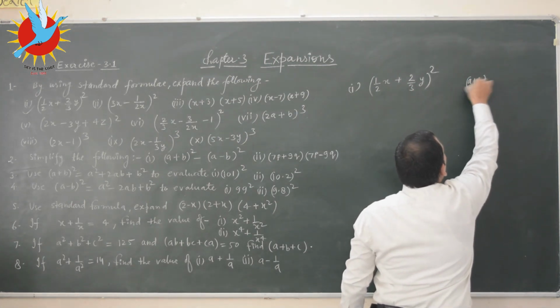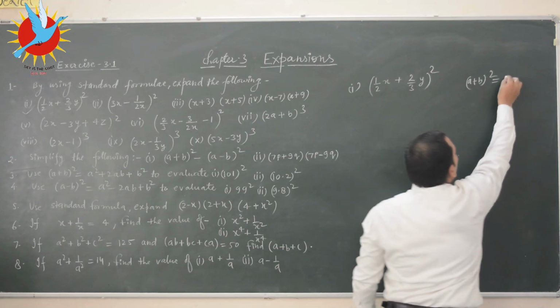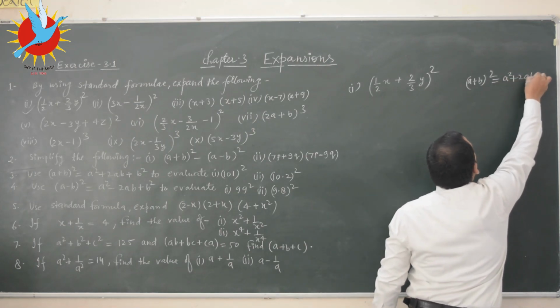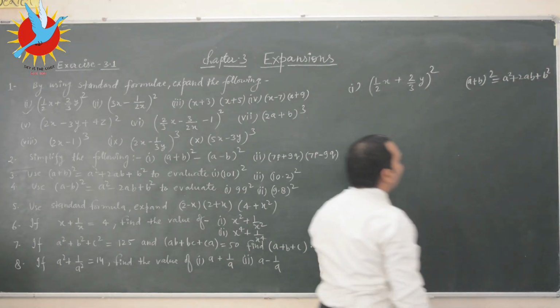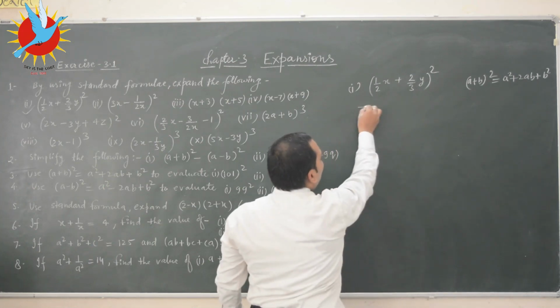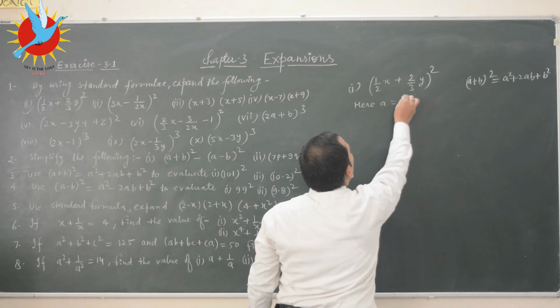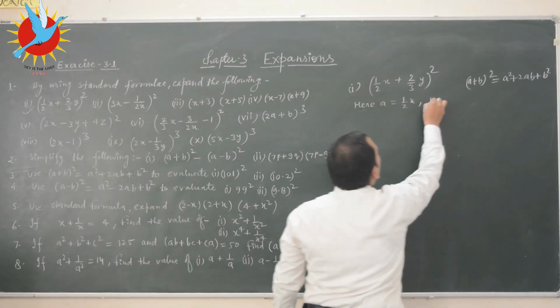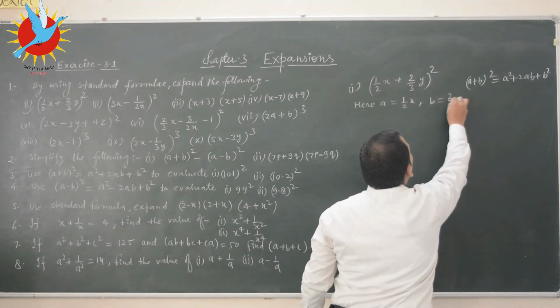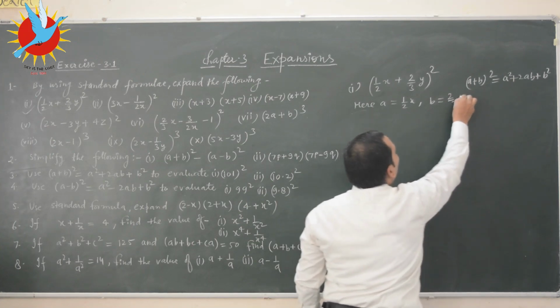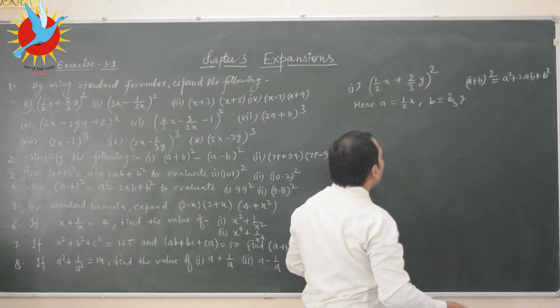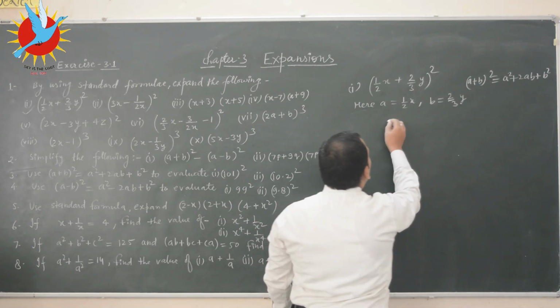A plus b whole square, which is equal to a square plus 2ab plus b square. So we use this formula. What is the value of a? Here a is equal to 1 upon 2x, b is equal to 2 upon 3y.